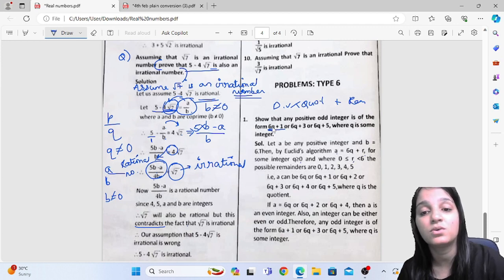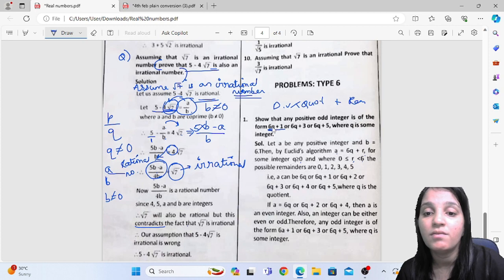So if r lies between 0 and 6, the possible numbers for r can be 0, 1, 2, 3, 4, 5, because this is strictly less and this is greater than or equal to.